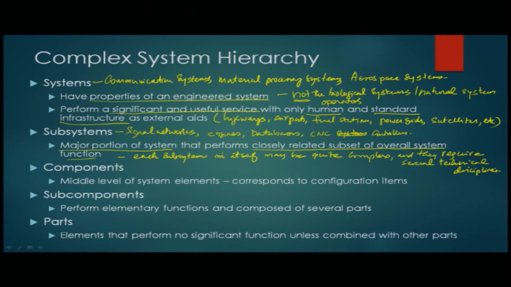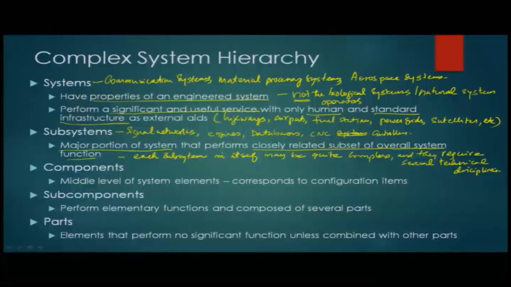So they are capable of performing the major task or major portion of the system functions. And they can also do a larger subset of the overall system function to a good possible extent. Some examples, as I cited earlier, are signal networks, engines, databases, etc.